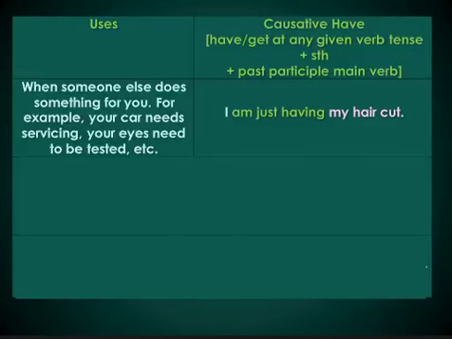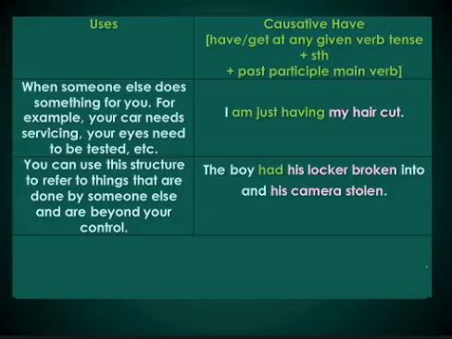When someone else does something for you, for example, your car needs servicing, your eyes need to be tested, etc. I am just having my hair cut. You can use this structure to refer to things that are done by someone else and are beyond your control. The boy had his locker broken into and his camera stolen.